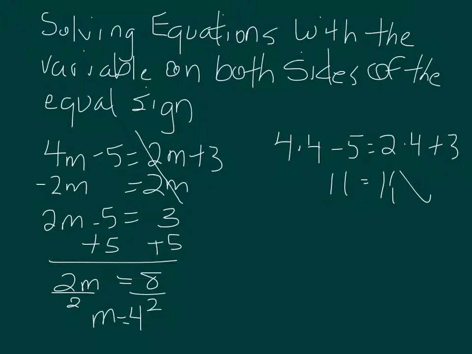Let's try another one. Let's try 7w plus 4 plus 2w plus 6 equals 4w plus 15. Okay, we have more to do in this one than we did in the last one.